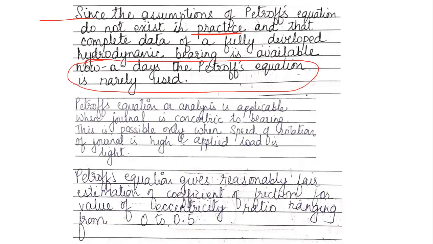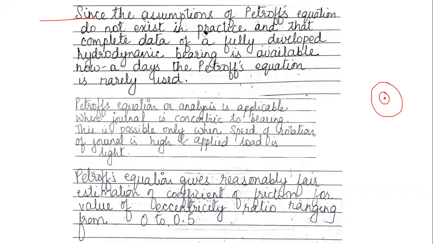Petrov's equation is applicable, but it is only applicable when the journal is concentric to the bearing. You can see here, this is the bearing, this is the journal, and if both are concentric, meaning both share the same axis, then Petrov's equation is used. This is possible only when the speed of rotation of the journal is high and the applied load is light.